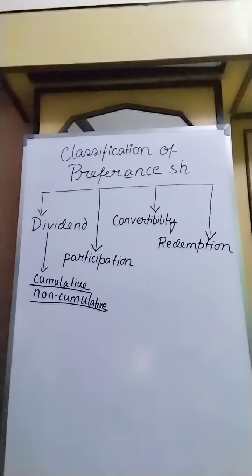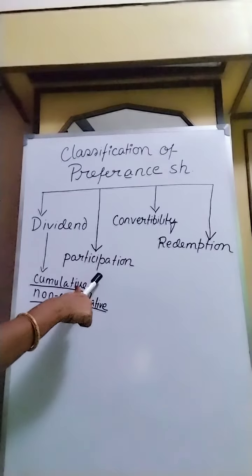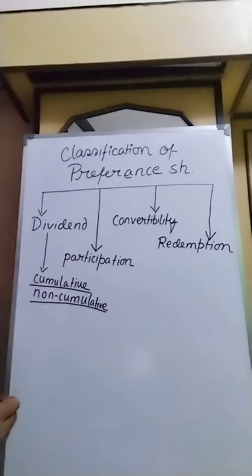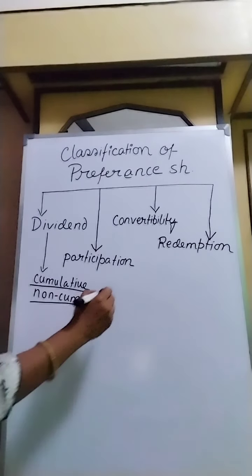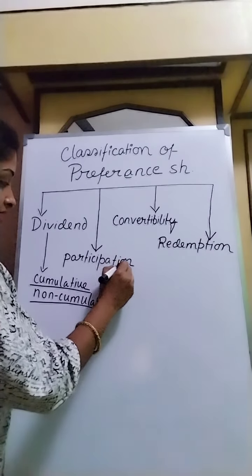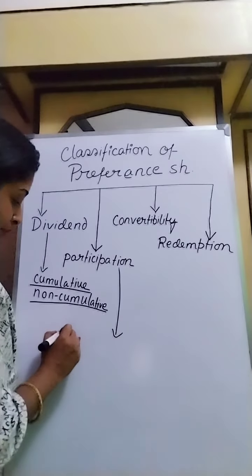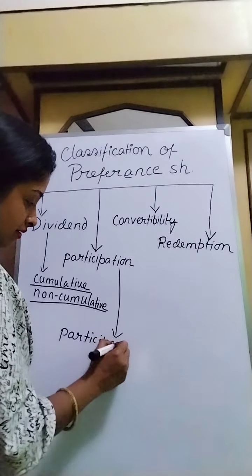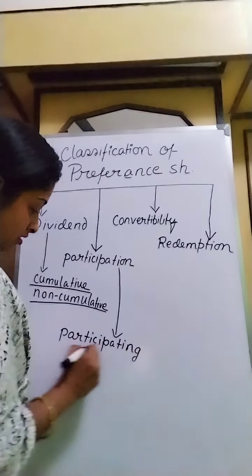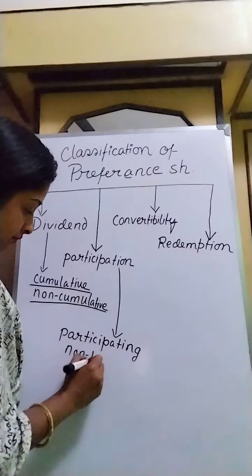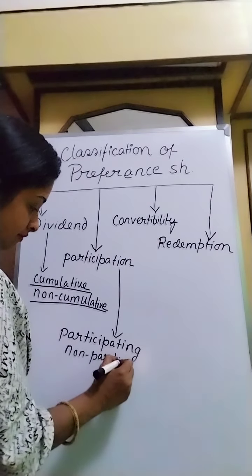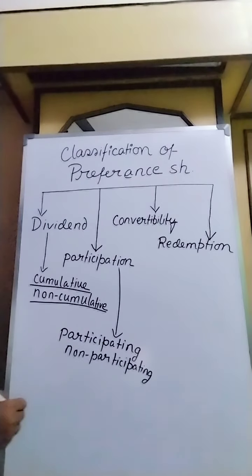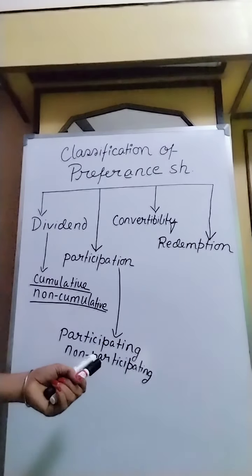Now on the basis of participation, the preference shares can again be divided into two categories. One is participating preference shares and the second is non-participating preference shares. Now, what are participating preference shares?